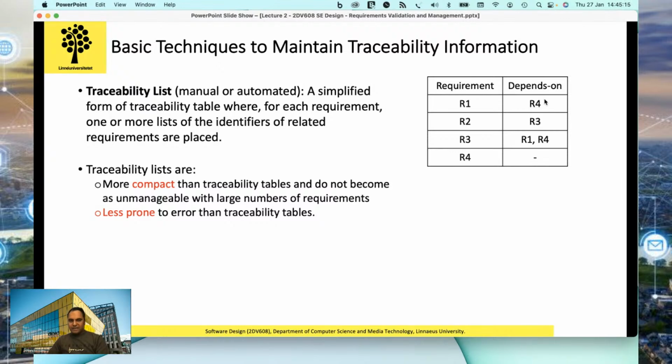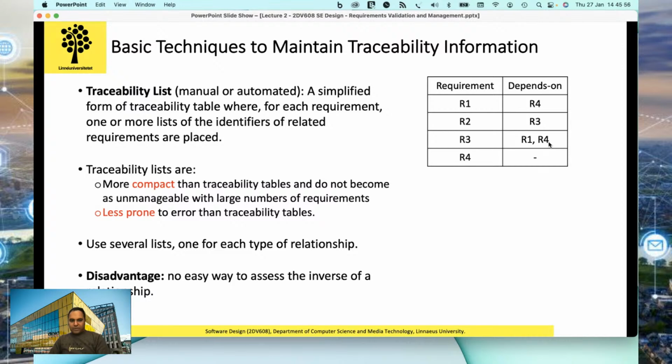And also, this list is less prone to error than traceability tables, because in the traceability tables you have to work with a matrix, you have to identify correctly which cell you are referring to in order to find certain dependencies. But in this list, you can find the dependency or the relationship for R3 only by looking at it, and you can get all the requirements that are dependent on it.